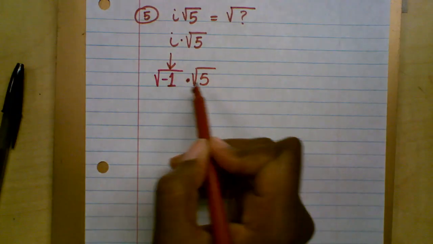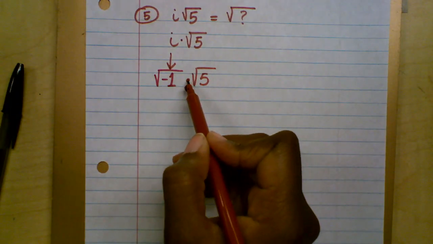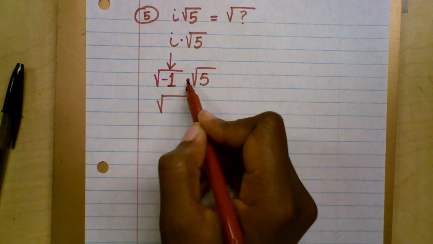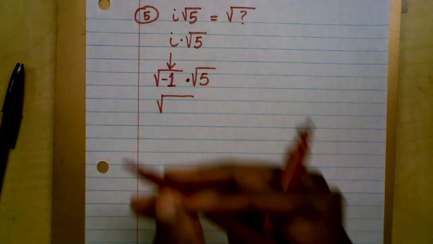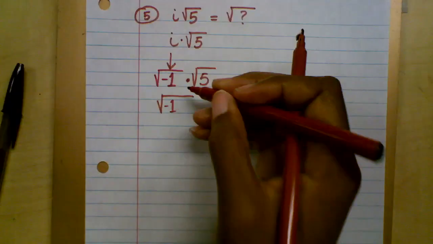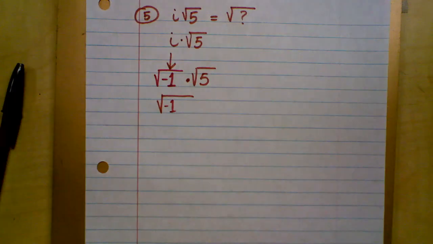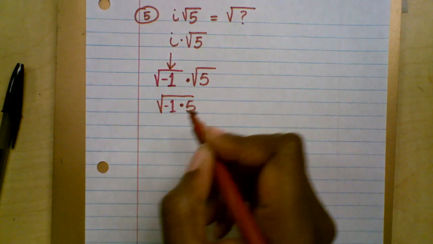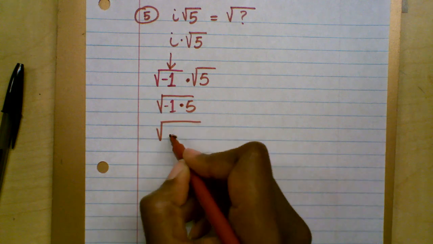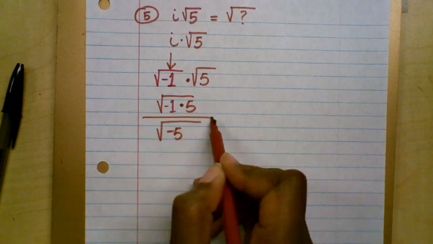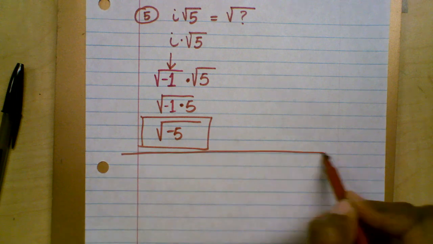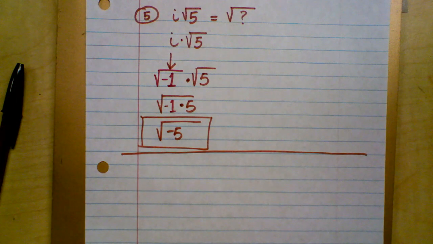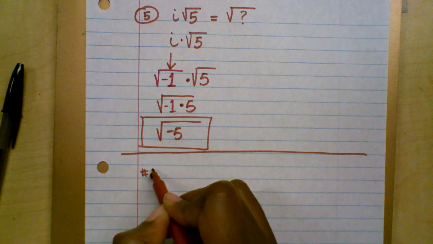So we have two different square roots, and I can rewrite them as a single square root because of multiplication. I end up with negative 1 times 5, which is negative 5. That's your final answer: the square root of negative 5.